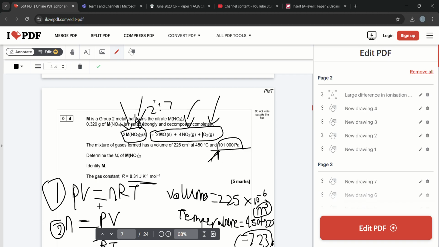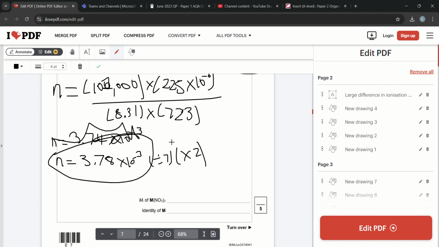Because there we go, another trick. This is the moles of gas, and this is a solid, so we only have 5 moles of gas, so it's a 5:2 ratio. Because there are only 5 moles of gas, we don't want the solid, so it's divided by 5 times 2.